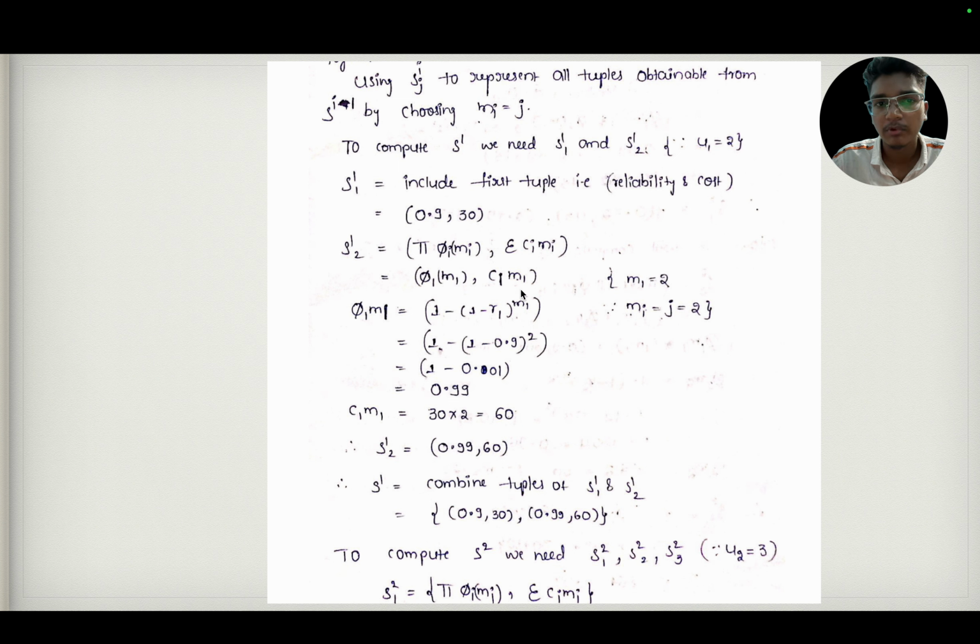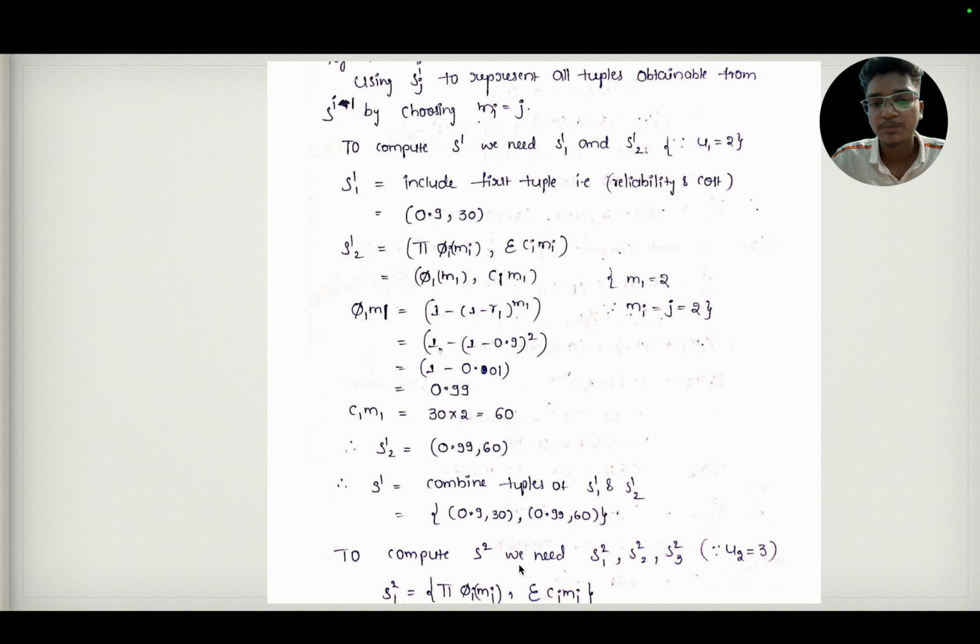The m1 value given here is 2, so we multiply with the previous one: 30 into 2 is 60, and 0.99. 0.99 into 1, since in the first one we got 1 as the tuple, so there is no change. Combine the tuples: S1 and S2 are (0.9, 30) and (0.99, 60).